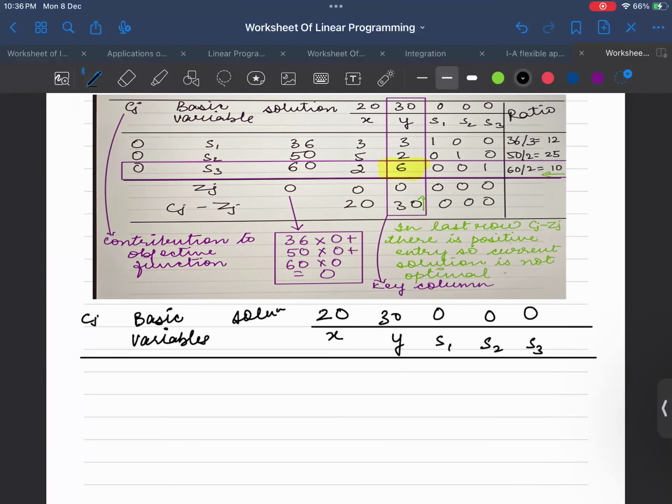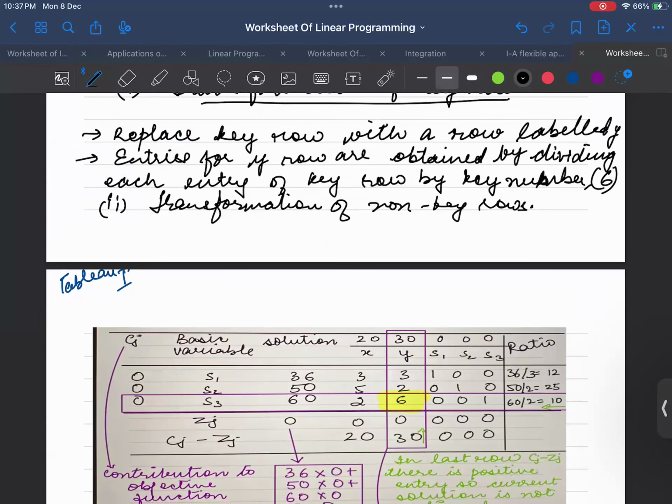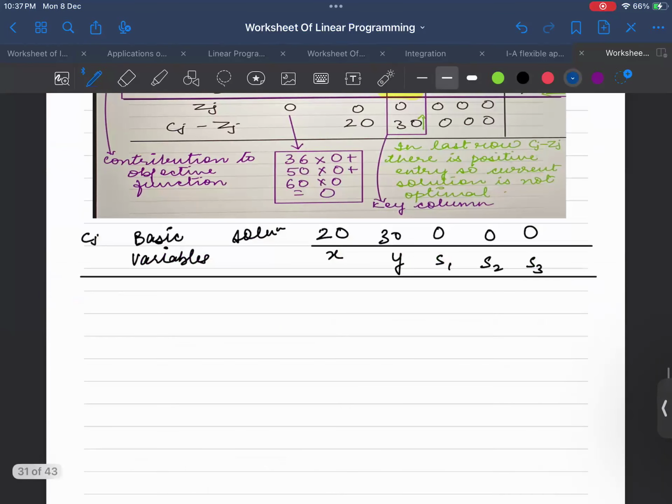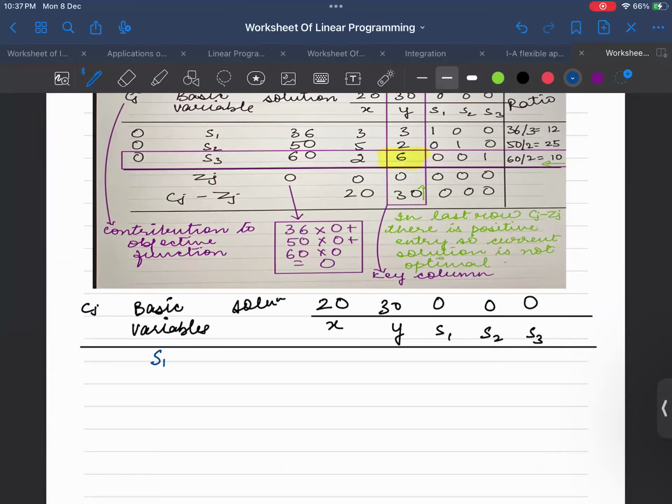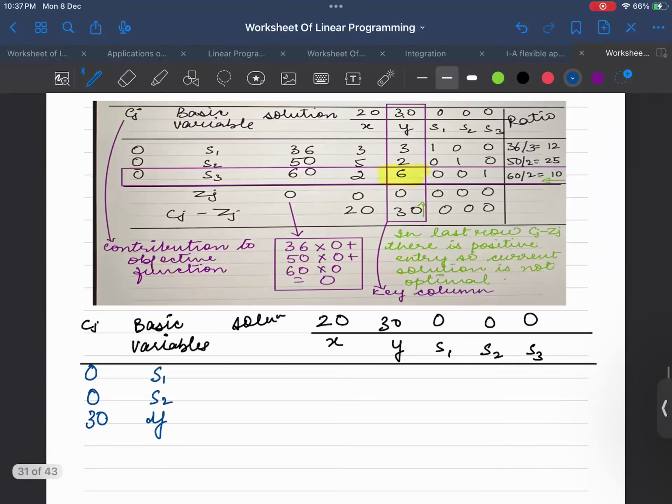I'm saying how we will make it. In the transformation, I told you, replace the key row with the row labeled Y. How do you replace it? Here we had S1, S2, S3, and S3 was our departing variable. In place of the departing variable's row, we took Y. Now we will write their contribution. We know the CJ contribution of S1 was 0, of S2 was 0, and of Y was 30. We gave it the 30, whatever the contribution is, we have made it 30.